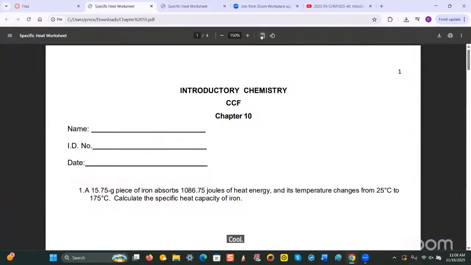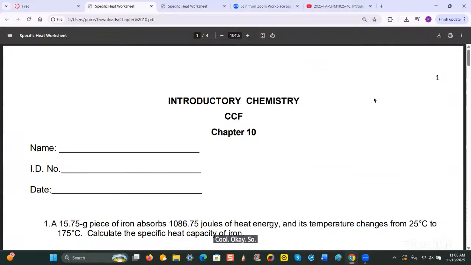Okay. So I could have shown you this. All right, so basically chapter 10 deals with energy changes and other related topics.